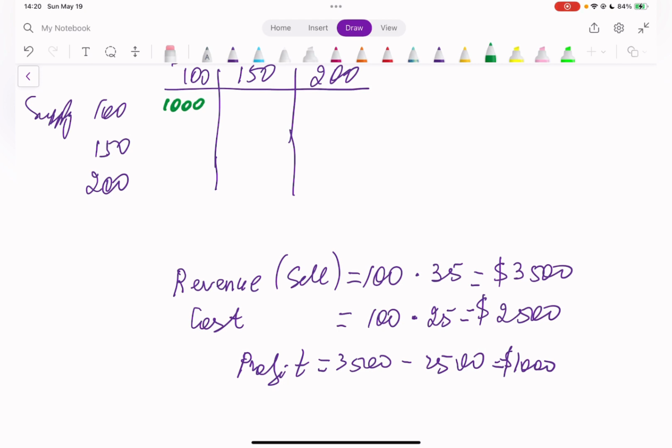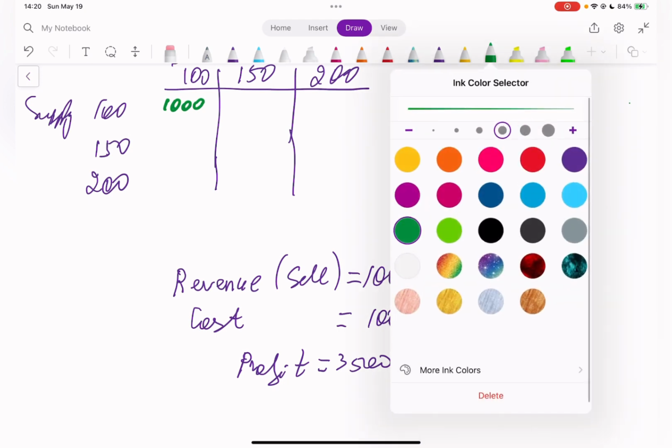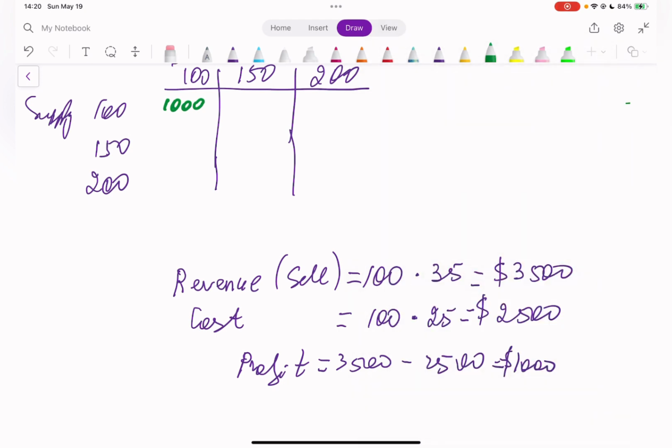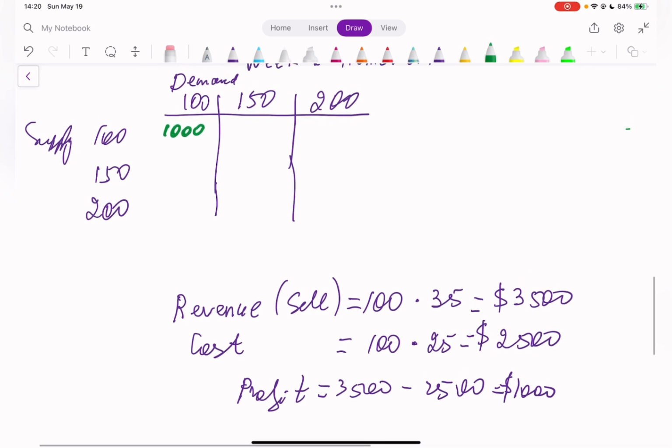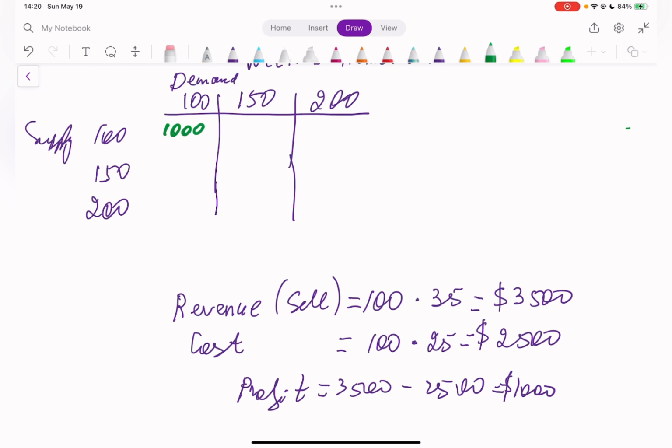All right, next we have supply 100, but demand is 150, which means all our 100 we're gonna sell, correct? And it's gonna be the same math. So the additional demand of 50 won't be satisfied because we have only 100, right, in this case.